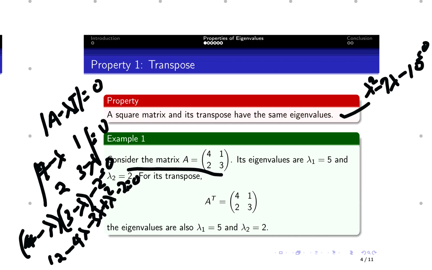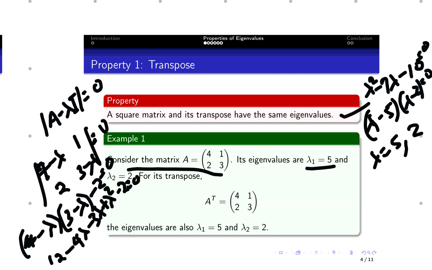If you factorize this, you get lambda minus 5 times lambda minus 2 equals 0. So lambda is either 5 or 2. So lambda 1 is 5 and lambda 2 is 2.